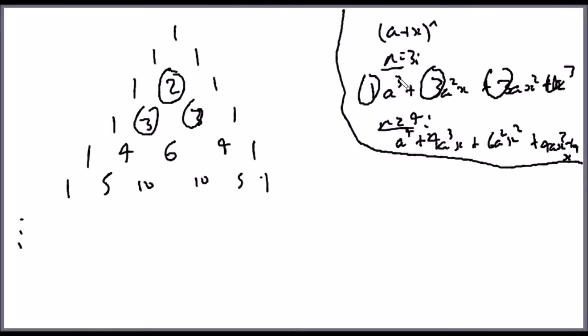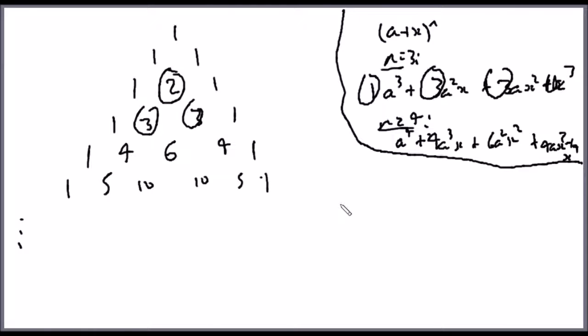Also, you notice that one can get a descending order in a, and an ascending order for x. So as one decreases, the other goes up at the same rate, which is quite interesting.